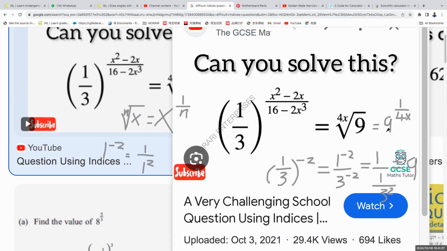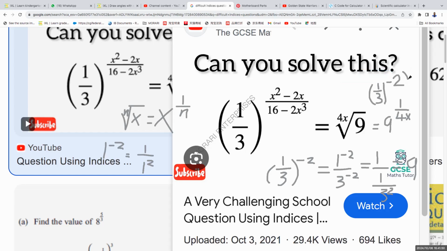And then the -2 now we multiply with this. So in place of 9, we replace it with 1/3 to the power -2 to the power -2.